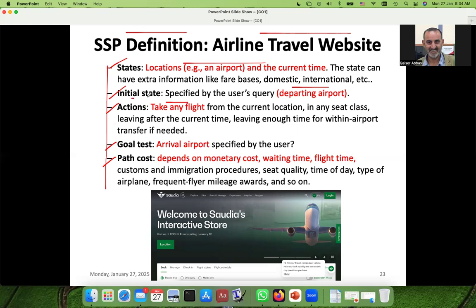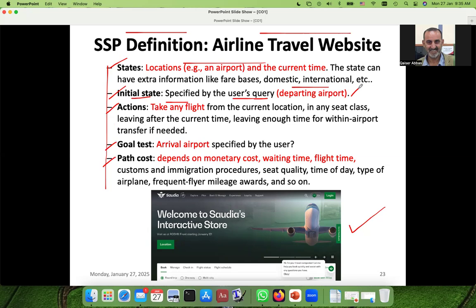So initial state: when you are using the website, you have to type some query. You will give your starting location, your departing airport.